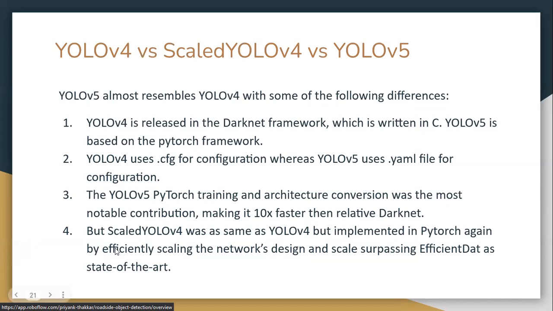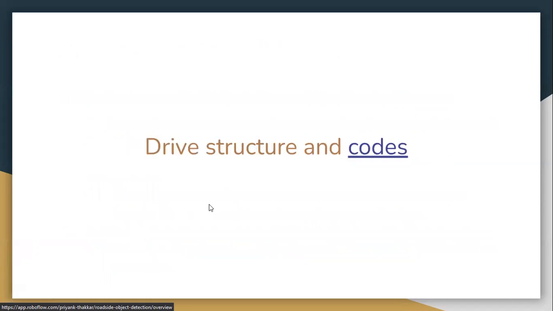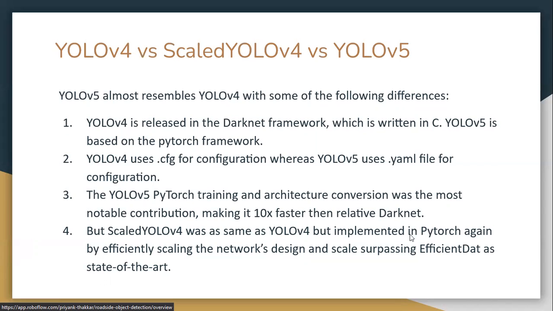The thing is, they both are implemented in PyTorch. ScaledYOLOv4 is also implemented in PyTorch, and we can still use the YAML file used by YOLOv5 for the data loading. But ScaledYOLOv4 gives us more efficient scaling of the network design than YOLOv5.